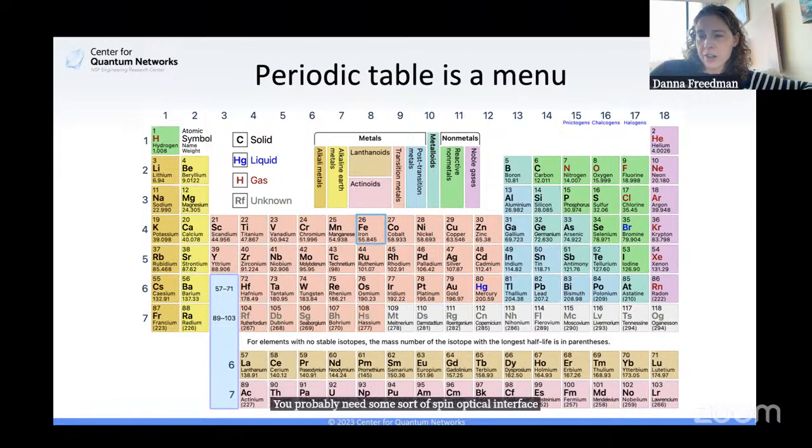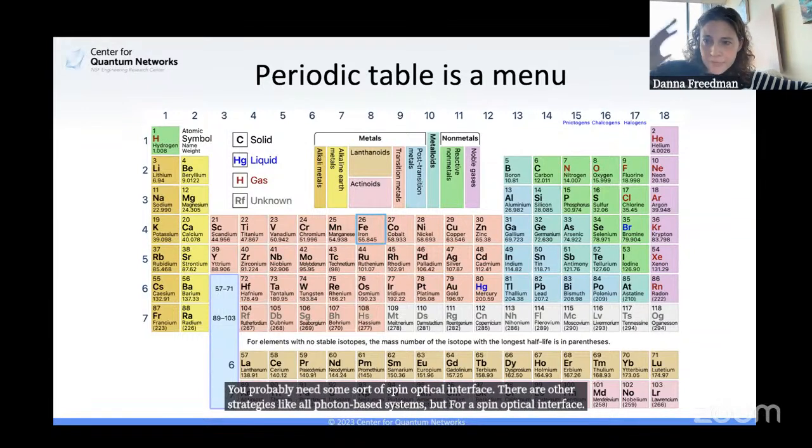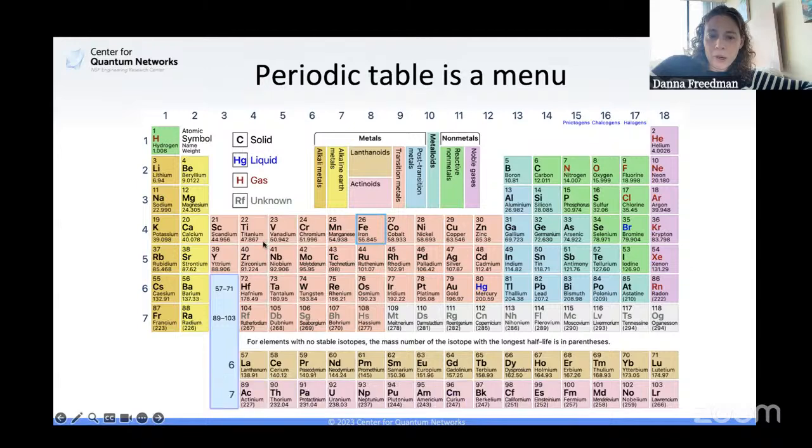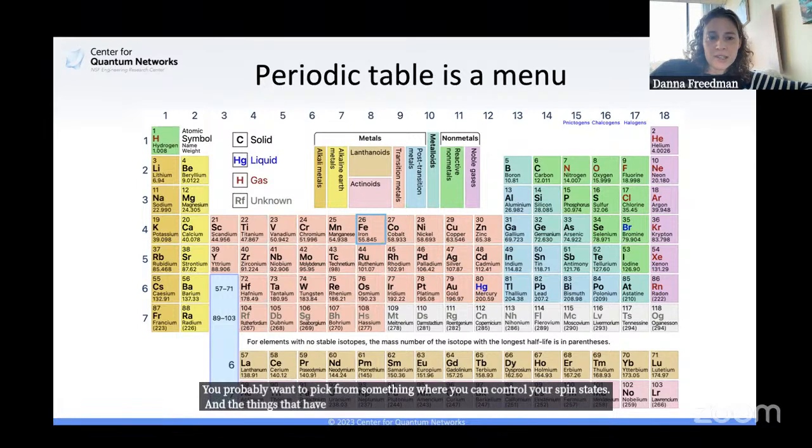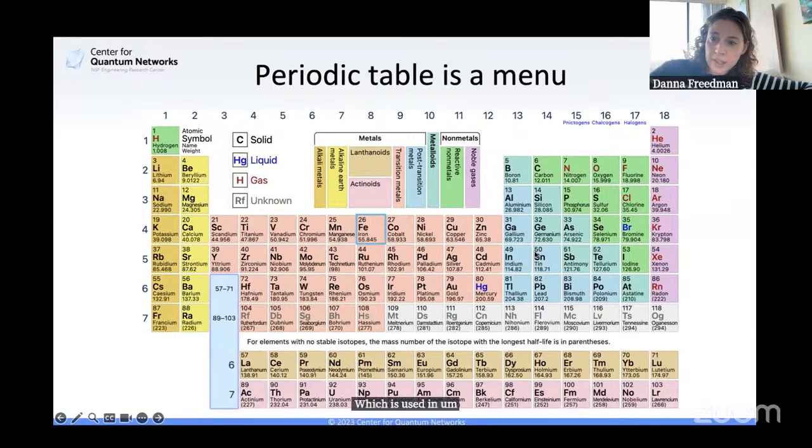There are other strategies like all photon-based systems, but for a spin optical interface, you probably want to pick from something where you can control your spin states. And the things that have been used for control of spin states are largely transition metal compounds, some main group elements. For example, here's tin, which is used in some defect systems.